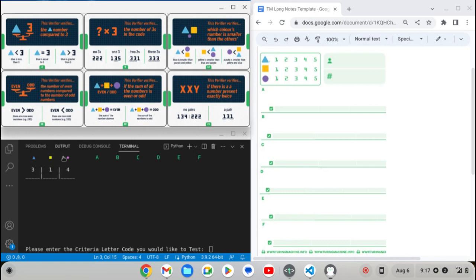And we're going to start off with an initial proposal of 314. So the first thing I want to find out is a little bit about the ratio of even to odds. So let's go ahead and test criteria card D. Okay, so the Turing Machine does not approve of my proposal. Remember, I do have 314, so that means I've got 2 odds to a single even, but the Turing Machine does not approve of that.